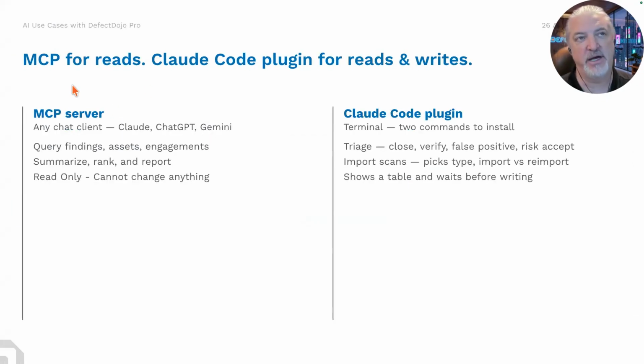Let's continue. Some additional items on the current MCP server. As I mentioned, we do have in the works some additional capabilities. I would reference this as maybe additional MCP servers, but focused on reports, on dashboards, on other specific utilities within DefectDojo.